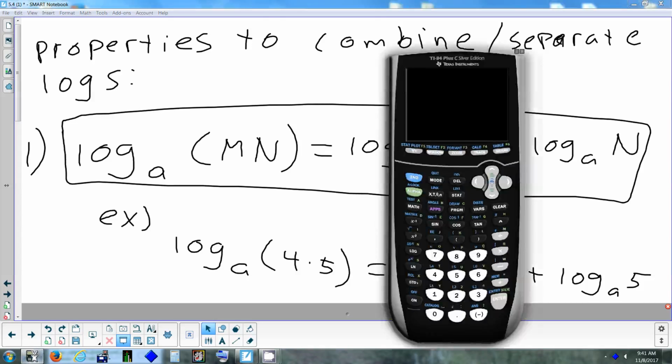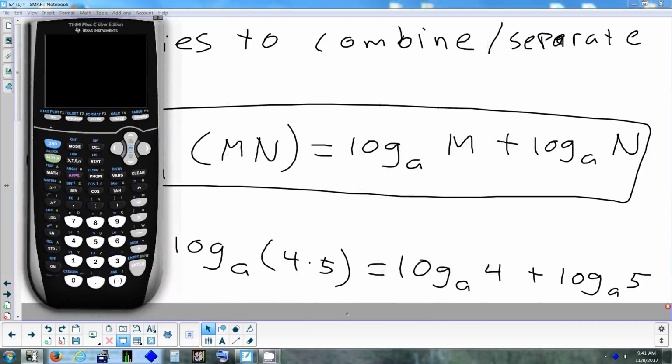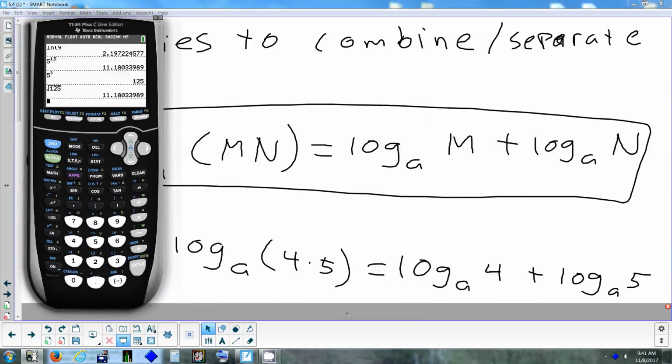So if I had log of 4 times 5, so log of 4 times 5, I get 1.3 roughly. And if I take the log of 4 plus the log of 5, I get the same thing. Now, I just showed this to you, and I assumed that the base was what?